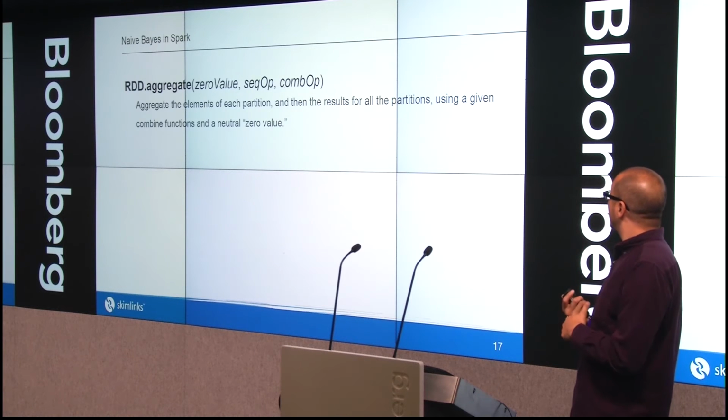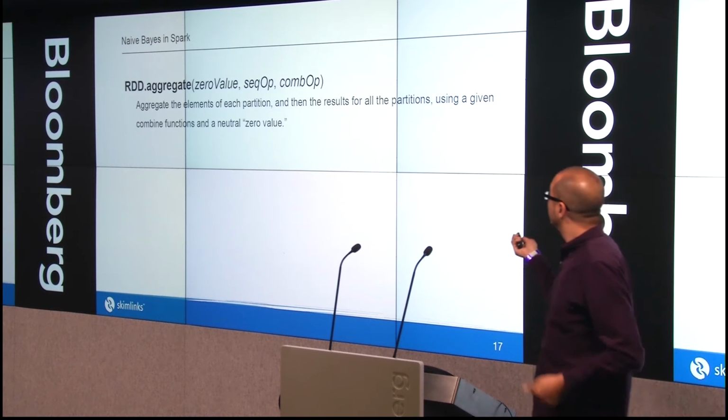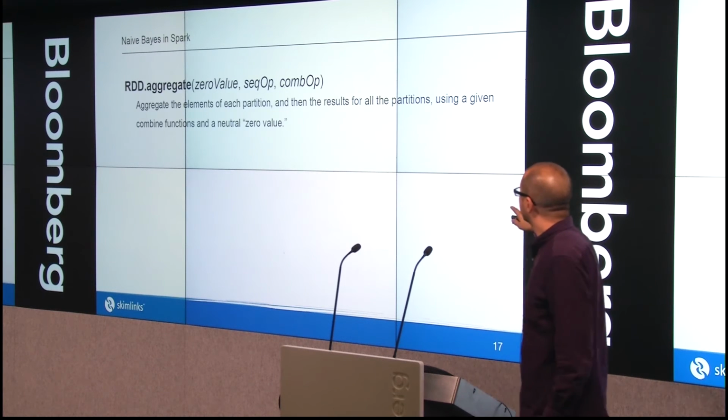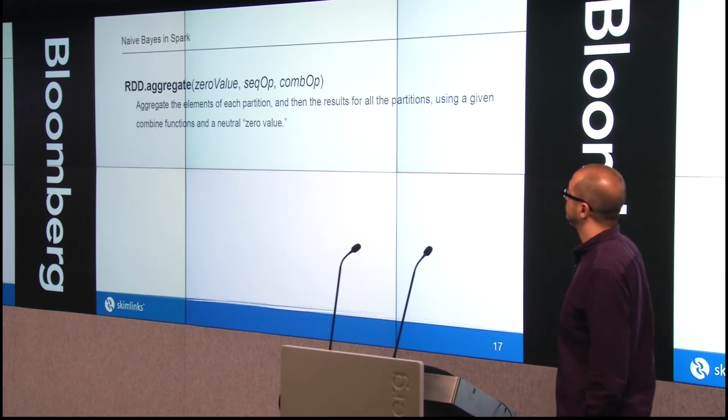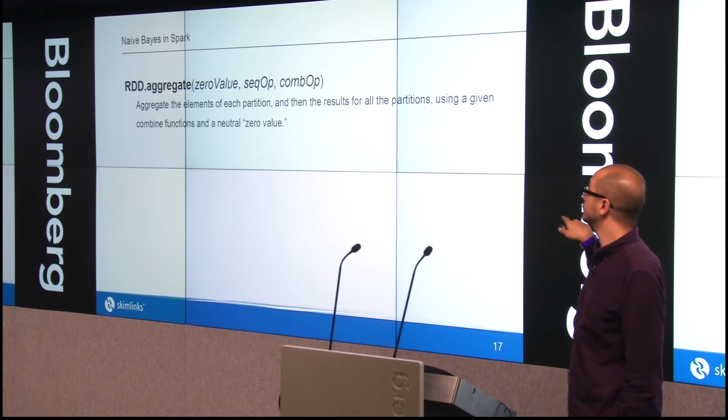This is the API documentation. It says it aggregates the elements of each partition, and then the results for all the partitions, using a given combine function and a neutral zero value.